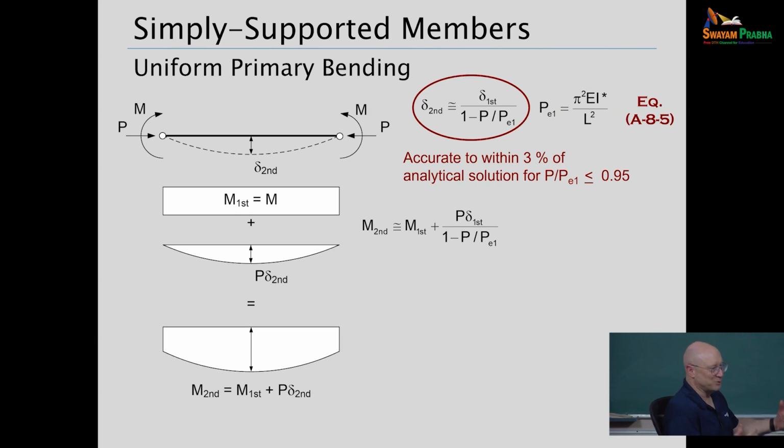And so the P delta deflection increases. If it keeps increasing, it's unstable. If it stabilizes to an equilibrium solution, then we can say that delta first divided by 1 minus P over PE1, we multiply that by P, we've got our P small delta effect.